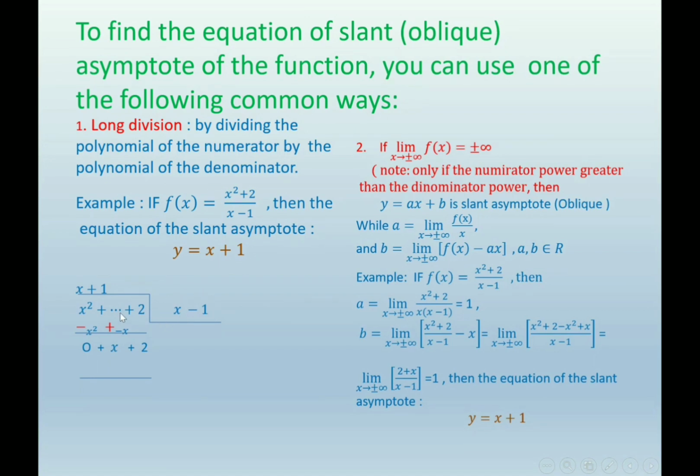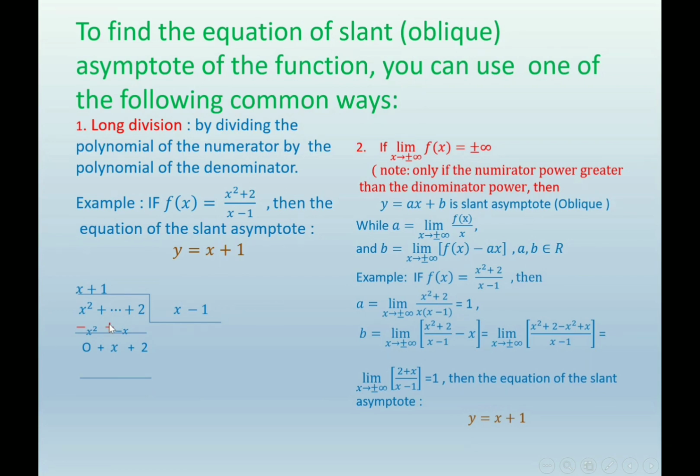Let's start dividing. X squared divided by x, by subtracting powers, you will get x. Write it up. Then multiply x by each term: x by x is x squared, and x by minus 1 gives minus x. Write it below, because later on you will subtract.